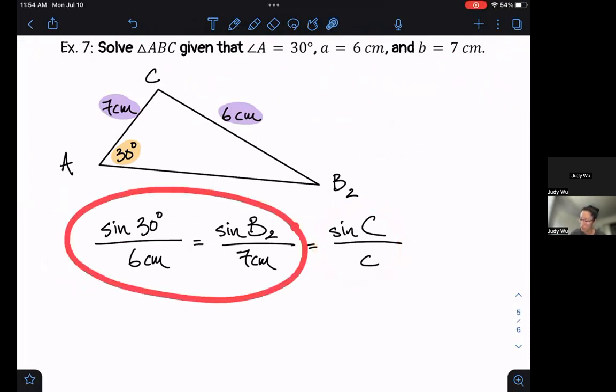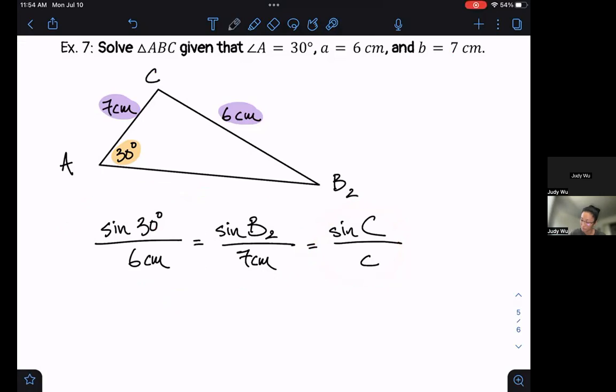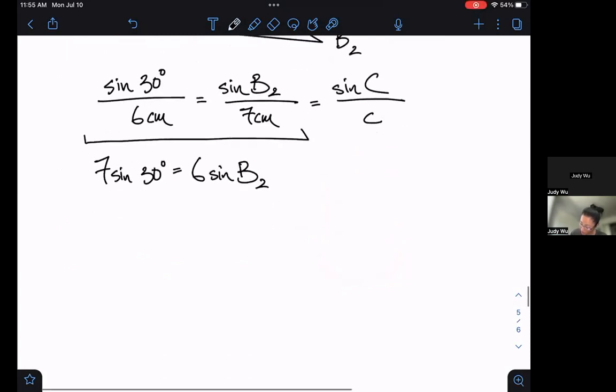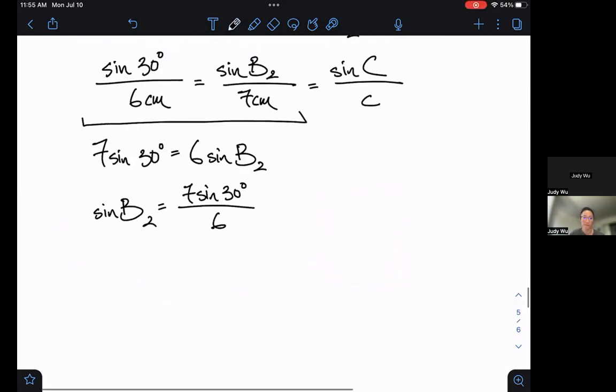But I can take these two fractions and go ahead and solve for angle B, okay? So let's go ahead and cross multiply. We get 7 sine 30 degrees equals 6 sine B2. We get sine B2 equals 7 sine 30 degrees over 6, okay?